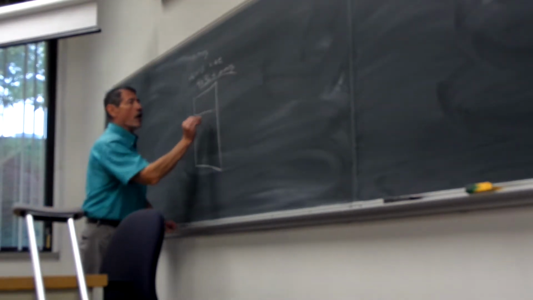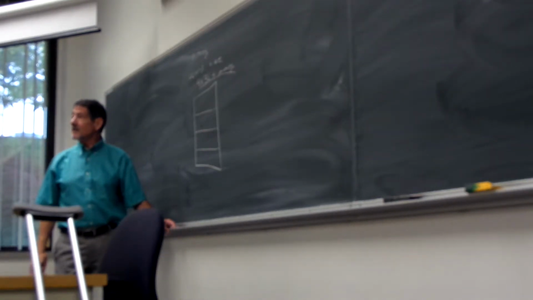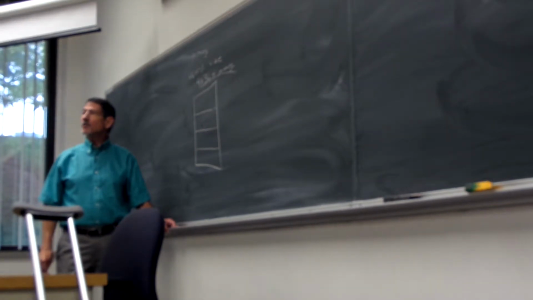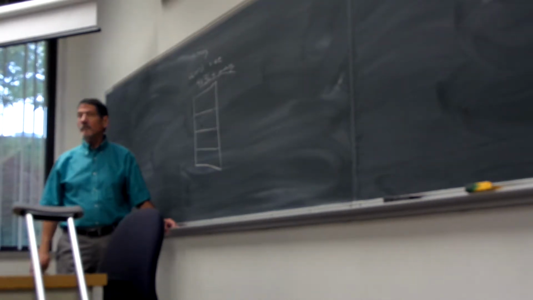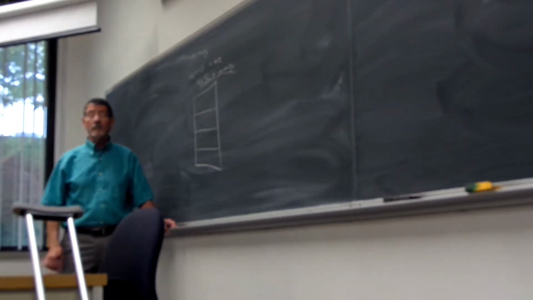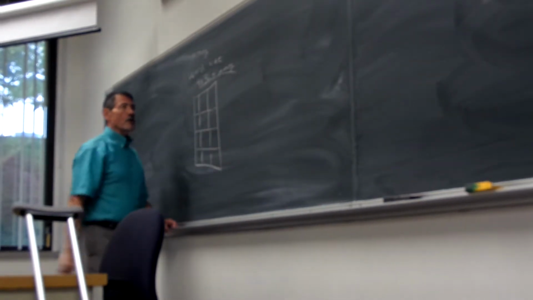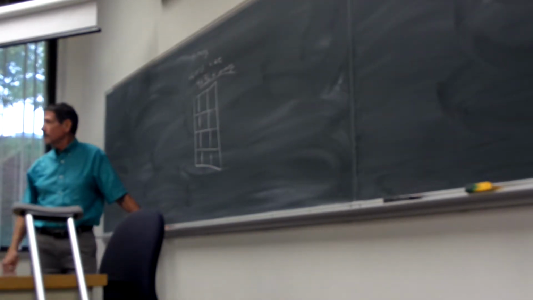So there are 4 words in this little cell of memory. Each word has how many bits to it? 3. Does that kind of make sense? So how many total bits in this memory? 12. Everybody okay with that?